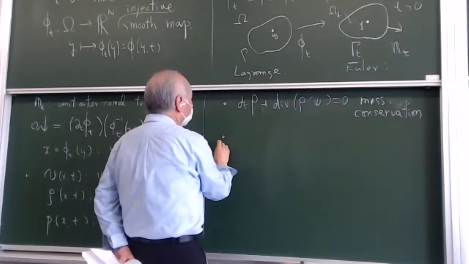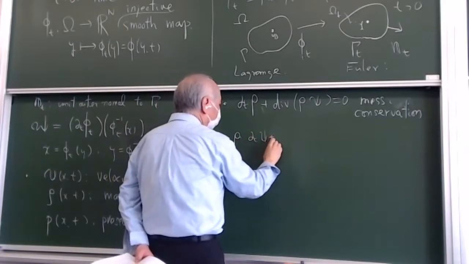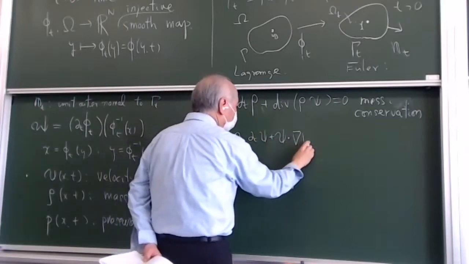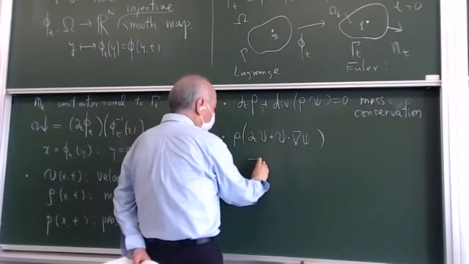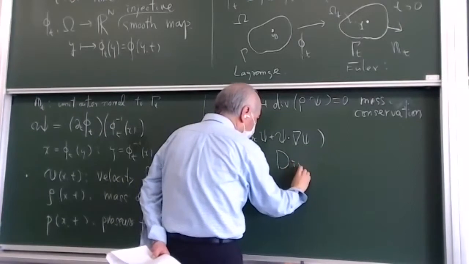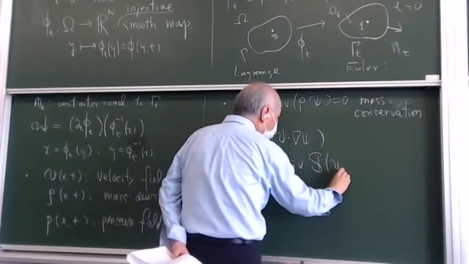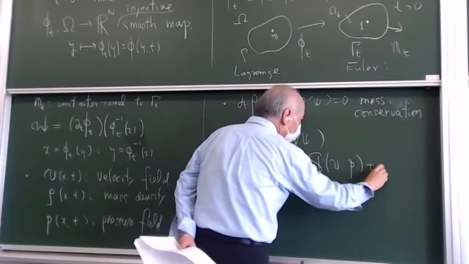And rho (d_t v plus v dot gradient v) is equal to, now I only consider the Newtonian flow, so this is div S plus external forces.